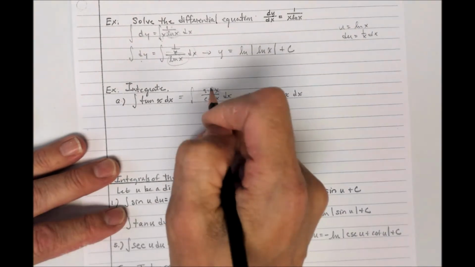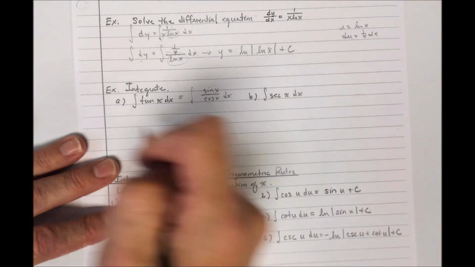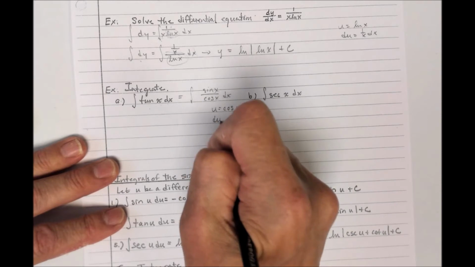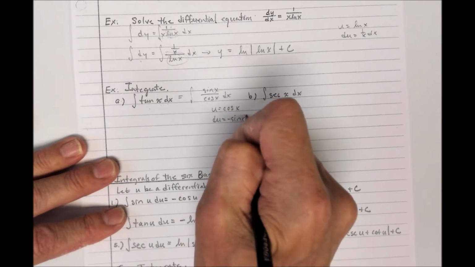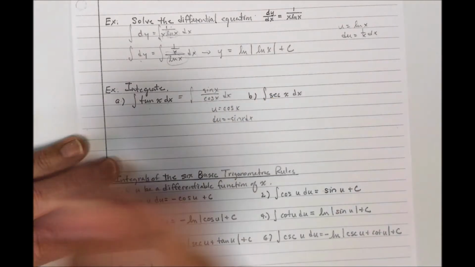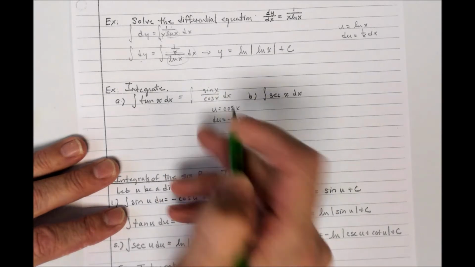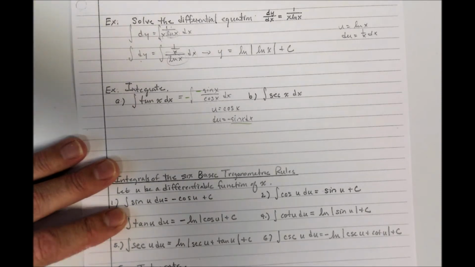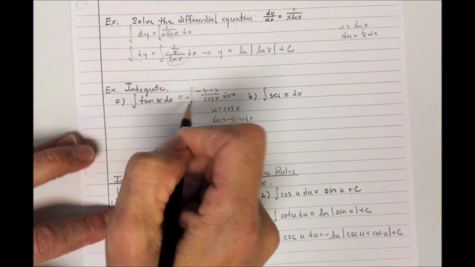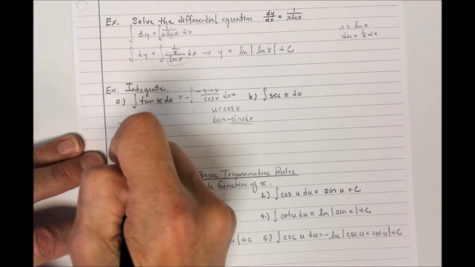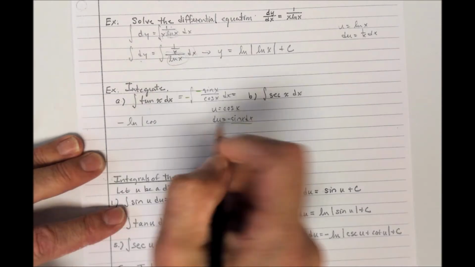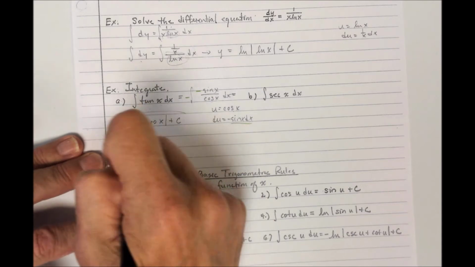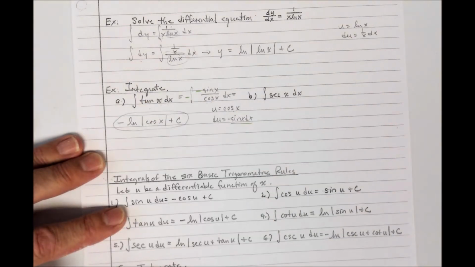If I look at my quotient form here and let u equal the cosine of x, then my du is negative sine x dx, and I have most of that right there. I have the sine x and the dx. I just need the negative. So I take care of that, and this is going to be the opposite of the natural log of the absolute value of u, cosine of x, all that plus c.